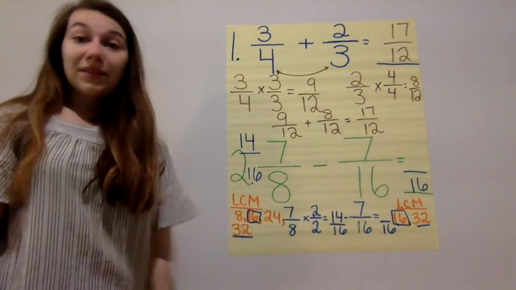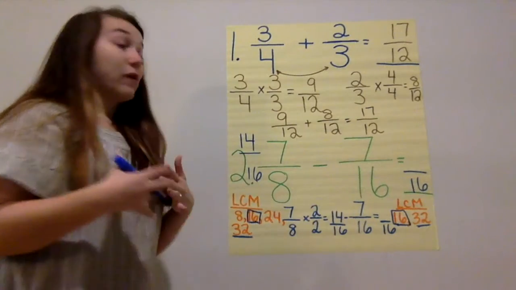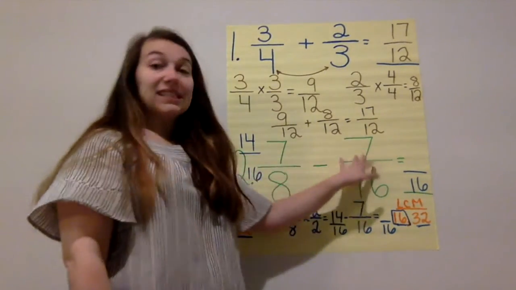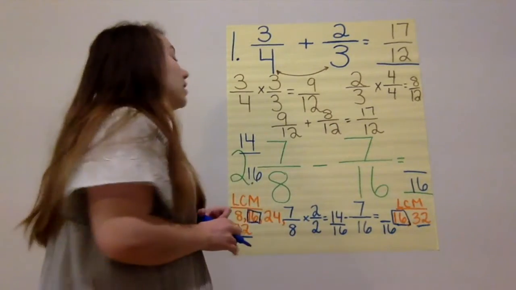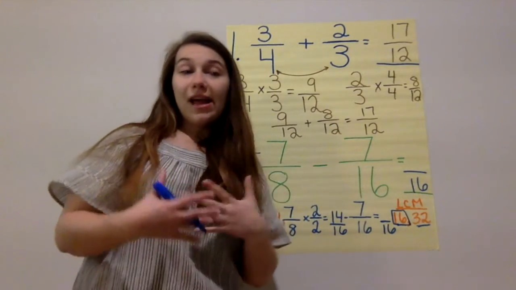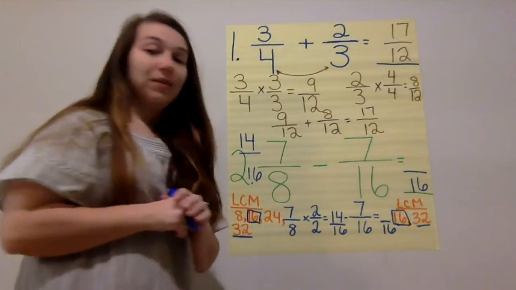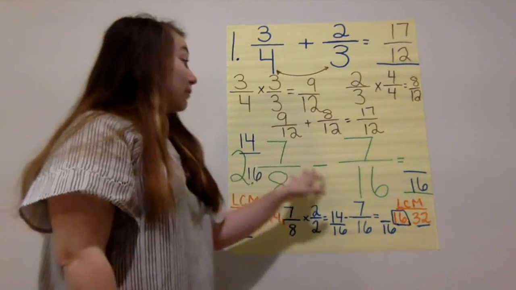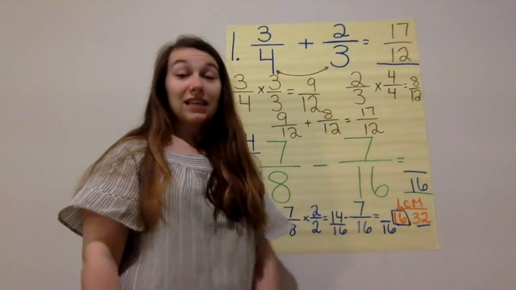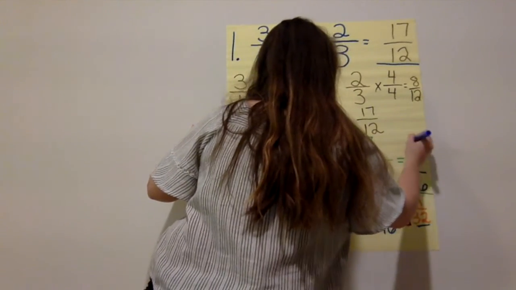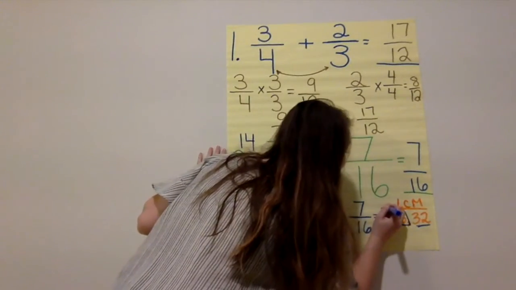So the top number is really where we're going to be doing our math. We have 14, and we are taking 7 away. So go ahead and count, or if you already know it off the top of your head, go ahead and do it. I know that 14 minus 7 gives us 7, or 7 plus 7 gives us 14.